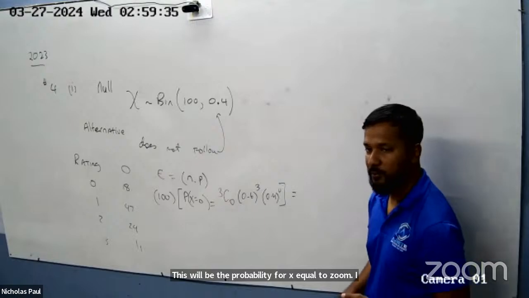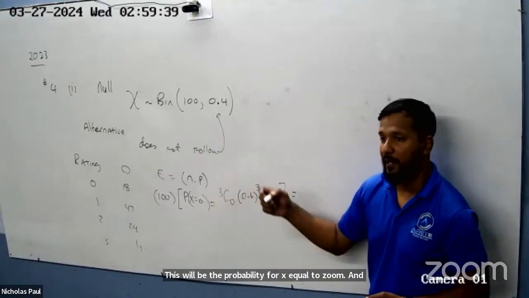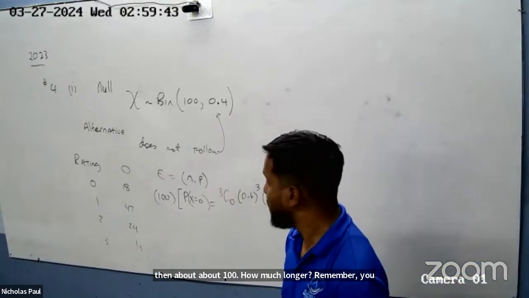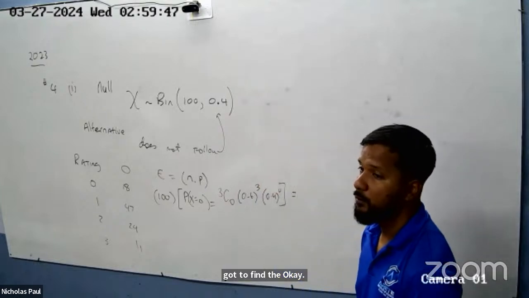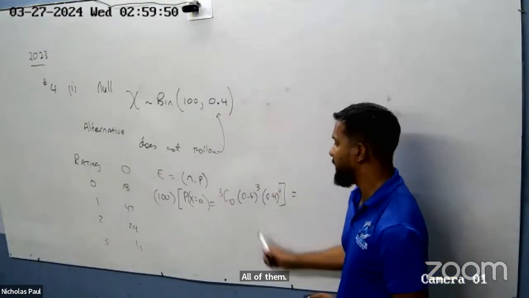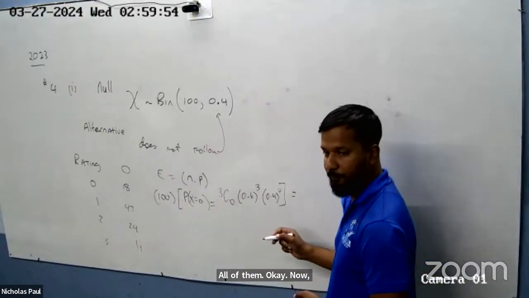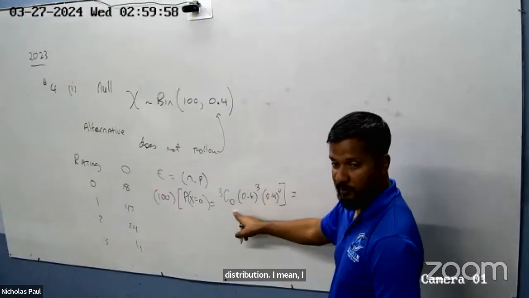How much did you get? Remember, you have to find the probability based on the distribution. Now when it's a binomial, you have to use it like that. 3 minus 0, 30%.